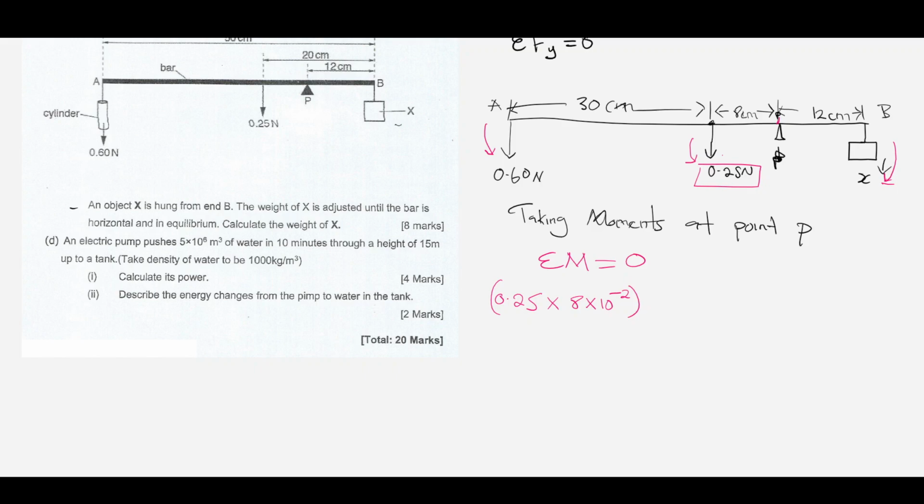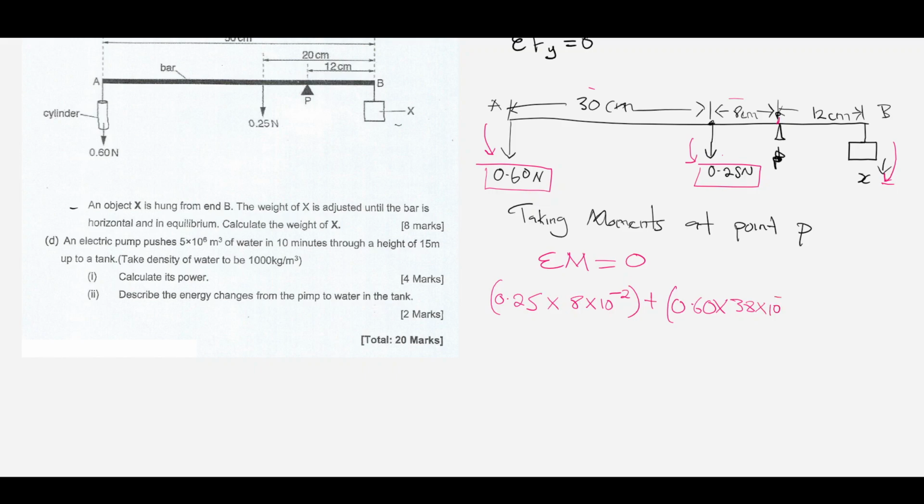So this one is positive, and then plus, we're going to take the moment for this force, which will be plus 0.60 times 38 times 10 power negative 2, because we have 8 and then we have 30 there.